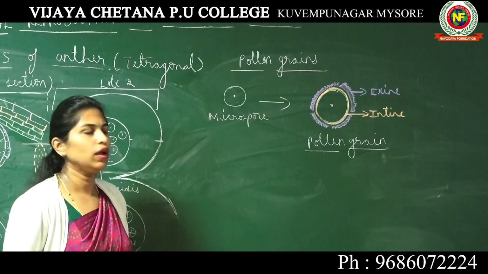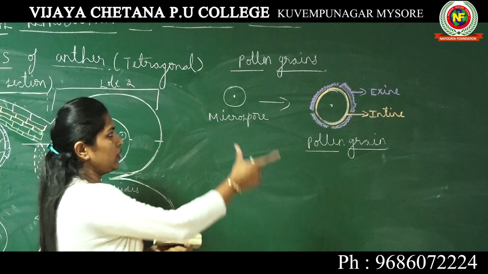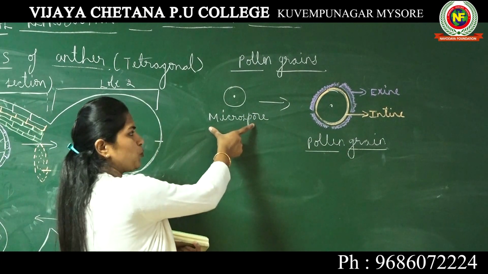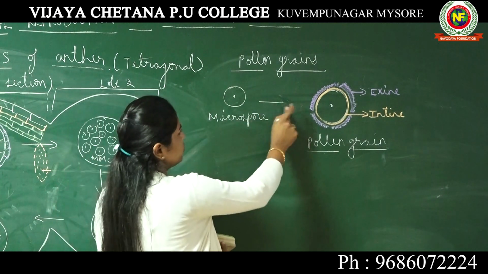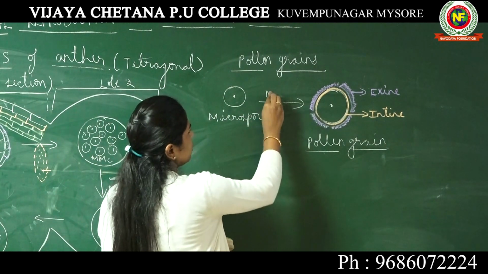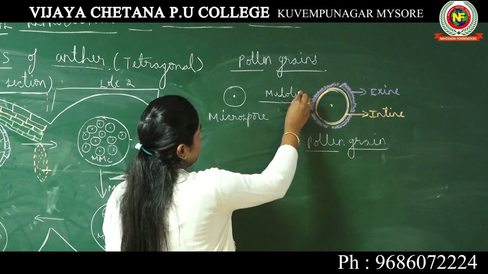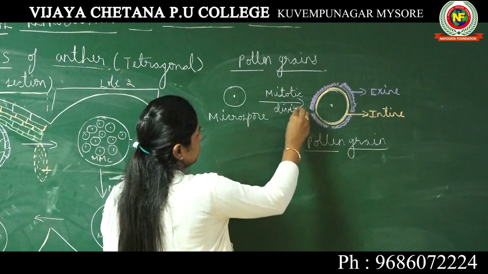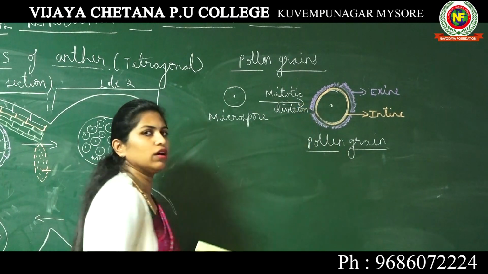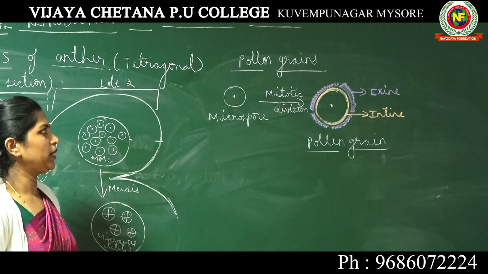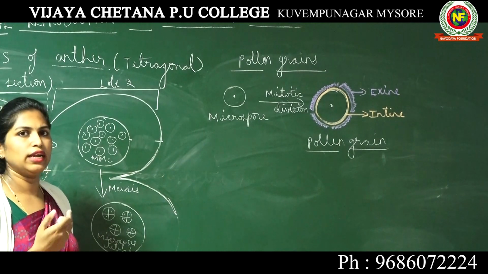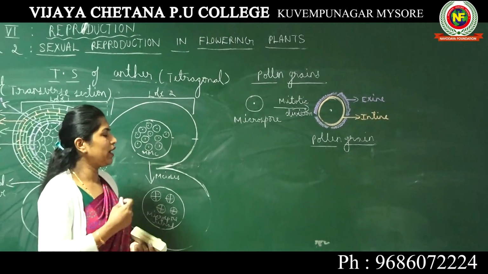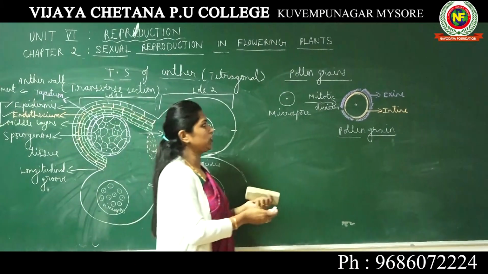However, in the process of becoming a pollen grain, the microspore also undergoes a mitotic division. Mitotic division, as you all know, will end up in formation of two cells from a single cell, and it is not a reductional division.